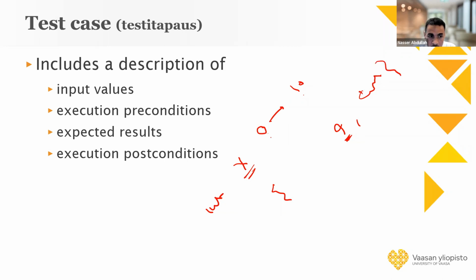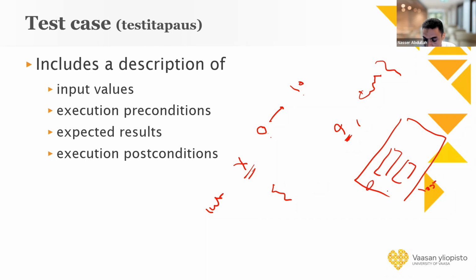Sometimes we also need to include the preconditions. For example, maybe the precondition is not clear here. Let's say you have a login module and the user wants to log in. You have the username and the password.